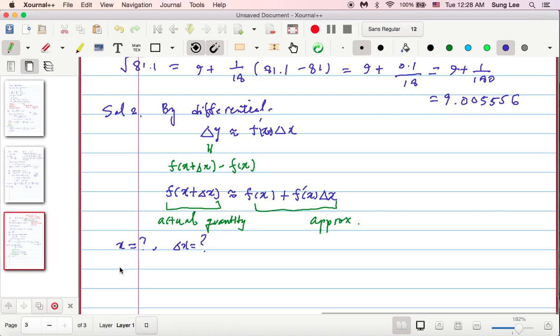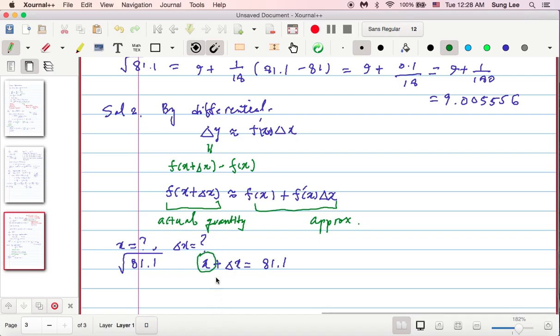The actual quantity we want to calculate or approximate is the square root of 81.1. So by comparing, x plus delta x has to be 81.1.